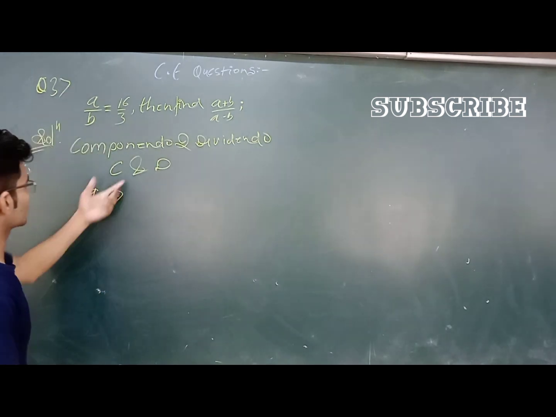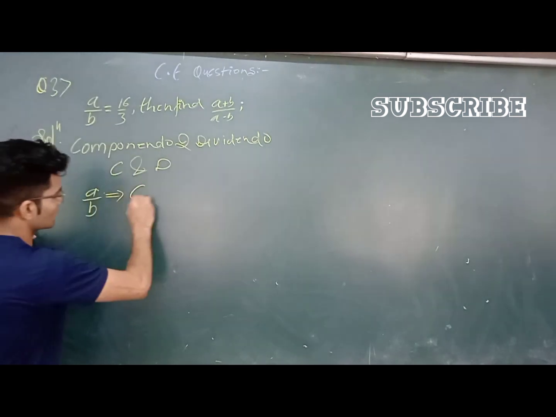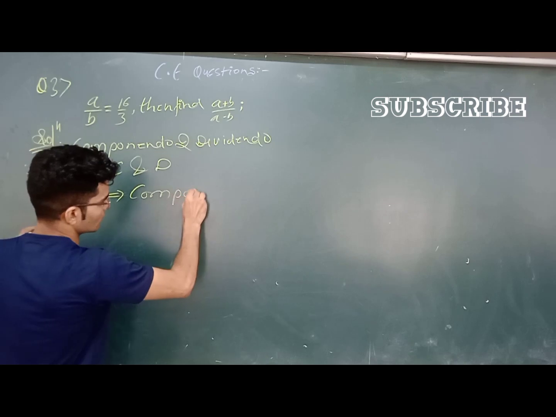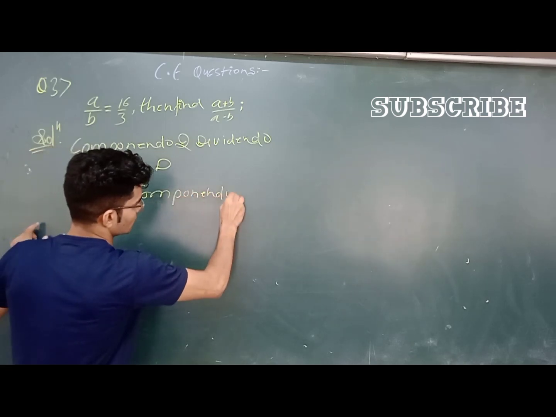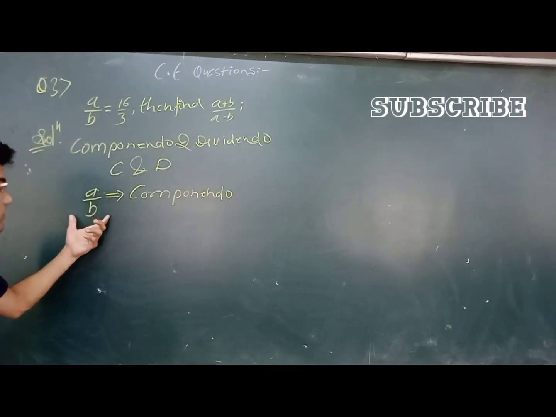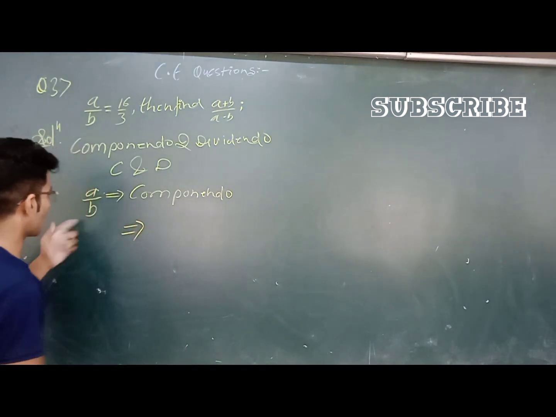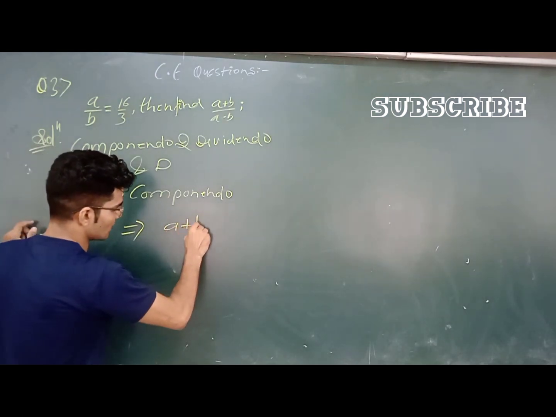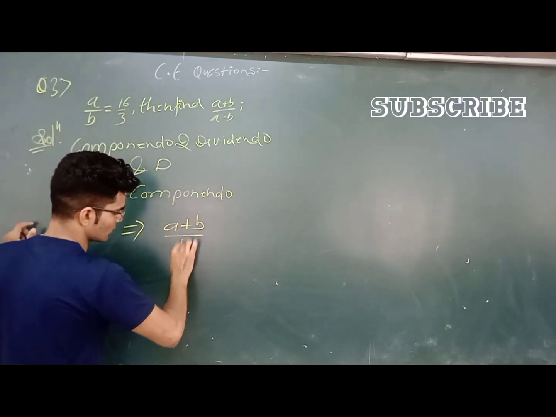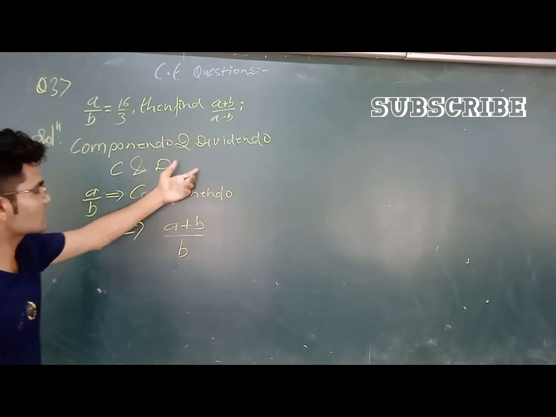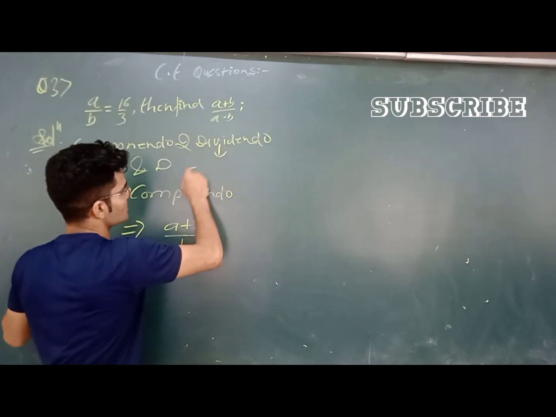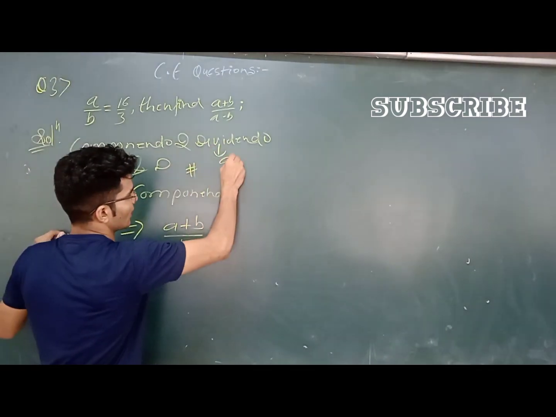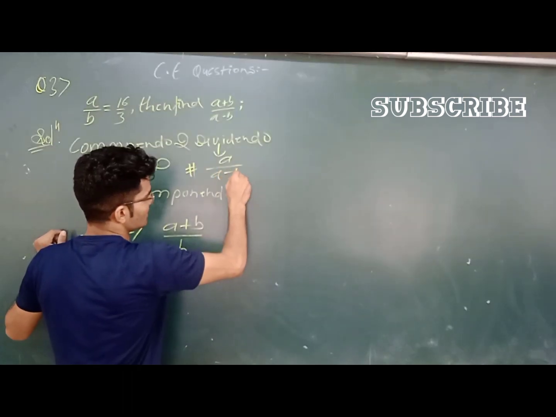So let's take an example of componendo. We have to apply it in a over b. If we apply componendo to a over b, we get a plus b over b. And if we apply dividendo, we get a over a minus b.